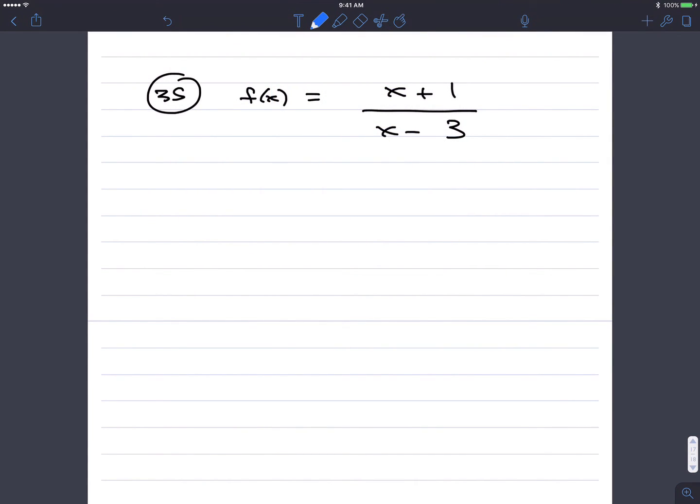Step number 1. You guys should have this process memorized by now. y is (x plus 1) over (x minus 3). You just follow your procedure here over and over again. And then, step 2.